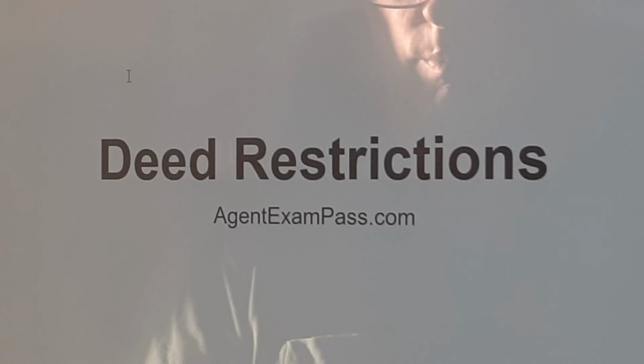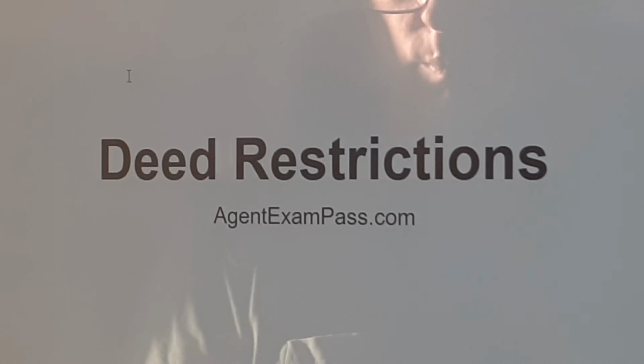Deed restrictions are most common with properties such as condominiums, subdivisions, or homes protected for historical purposes. Such homes are almost universally governed by a homeowners association, HOA, who is typically in charge of developing, maintaining, and enforcing CC&Rs.